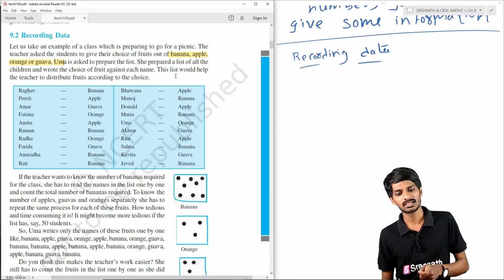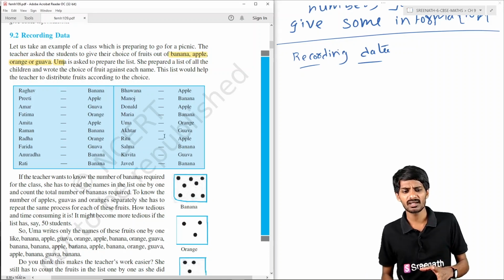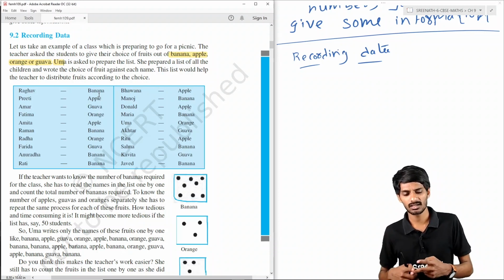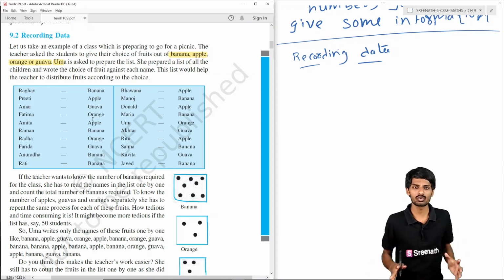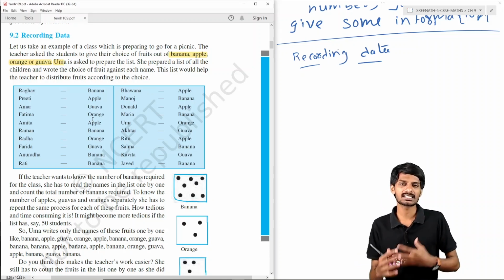This list would help the teacher to distribute fruits according to their choice. So in this way, Uma has recorded the information, recorded the data: which student wants which fruit, and how many fruits the teacher has to buy.